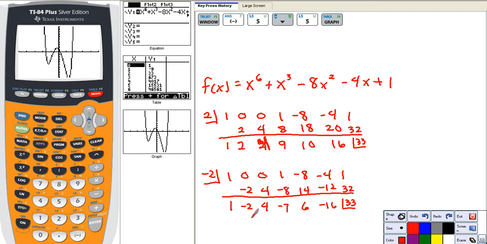Now I can see from my lower bounds test that I'm alternating signs all the way across, including the remainder. Positive, negative, positive, negative, positive, negative, positive. And that's exactly what I'm looking for in the lower bounds test.